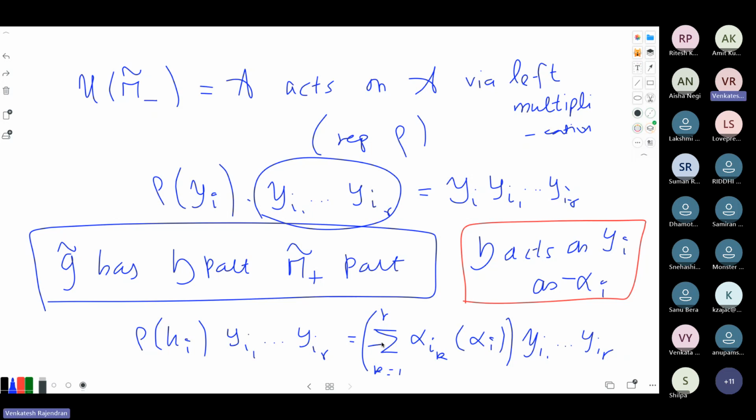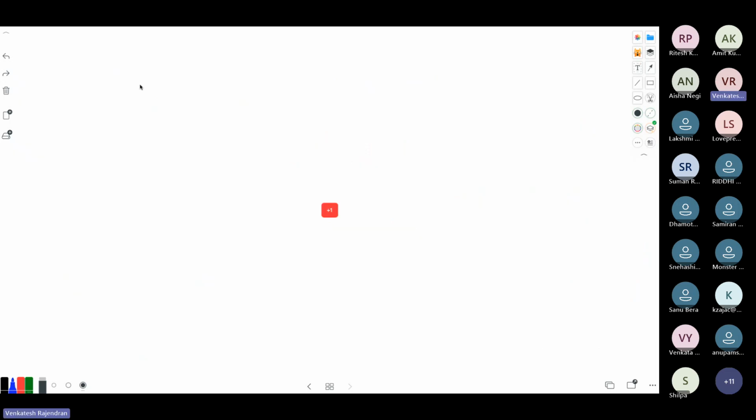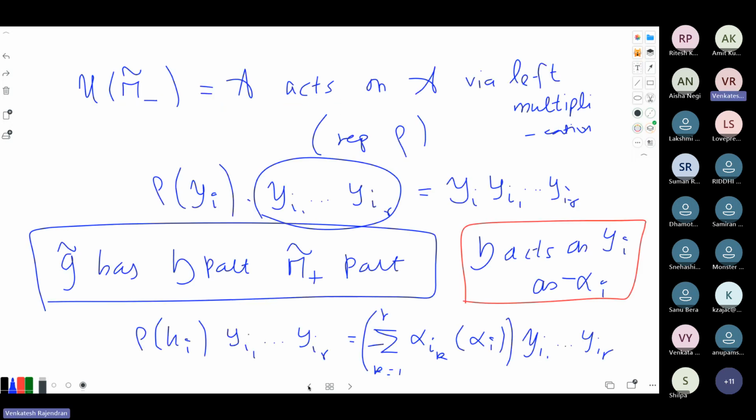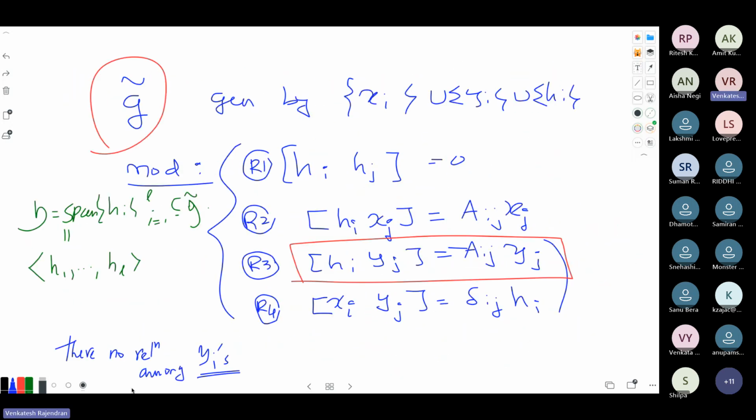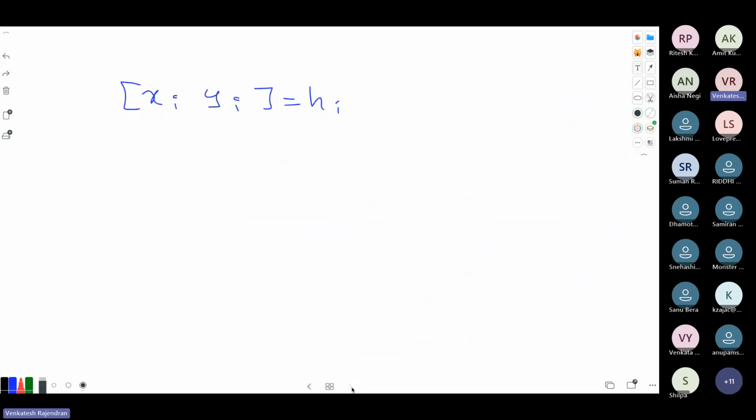Now the xi part: you can just compute it using the relations that you have, because you know that xi yi must be hi. Look at this last relation. So you just compute using this: xi yi minus yi xi is hi.